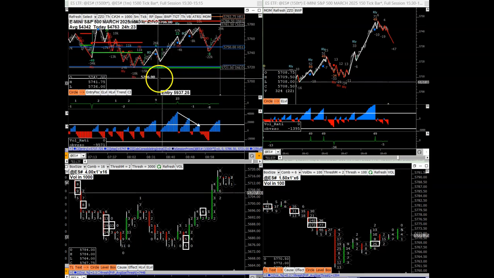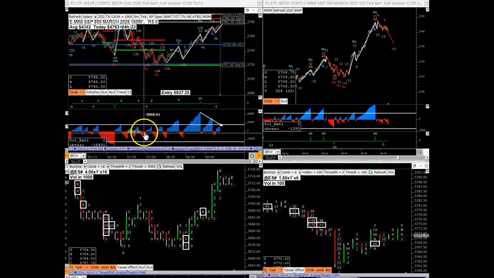Let's give another example. You see them over and over again. See right here? This low to low to this, the supply is decreasing. And what happens? Big blue right here. Bang.